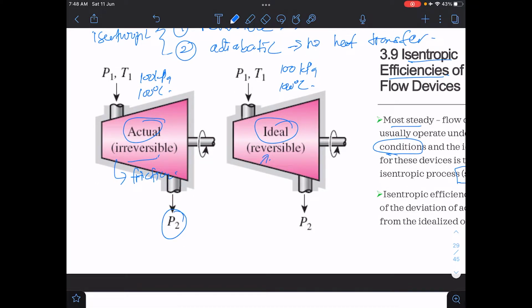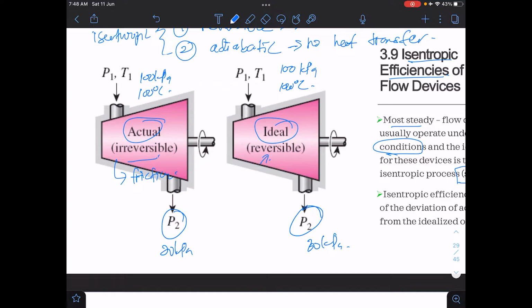The pressure at the exit might be 20 kPa for one, and 30 kPa for the other, something like that. So the initial condition should be the same, but the output will be different due to the process inside the steady flow device.